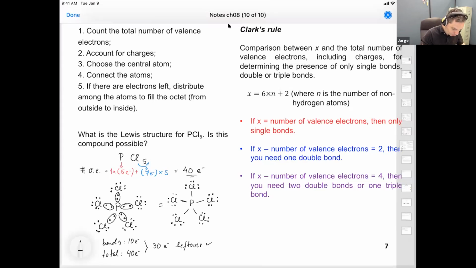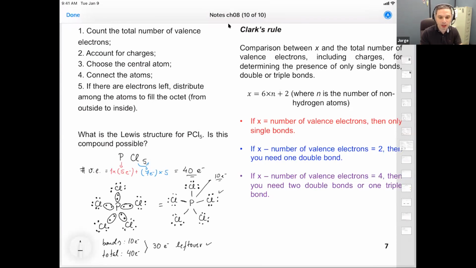And as we noted here, each chlorine has 8 electrons in the valence shell. Therefore, the octet is full, which means stability. However, for phosphorus, we have a different situation here. The atom of phosphorus has 2, 4, 6, 8, 10 electrons in the valence shell.